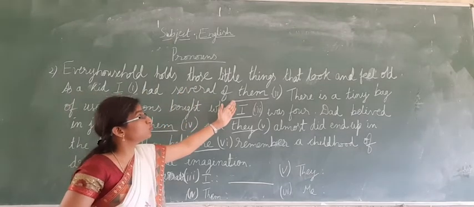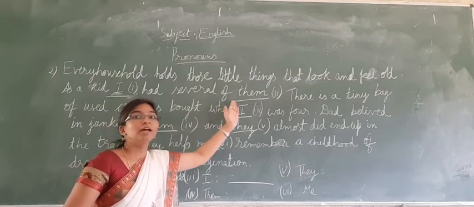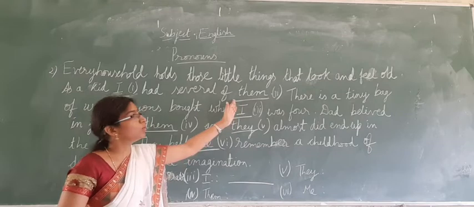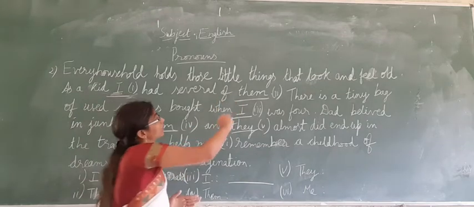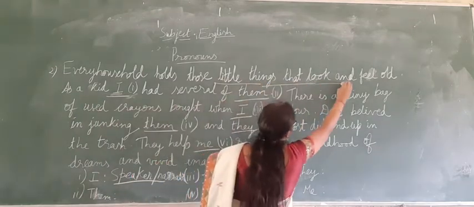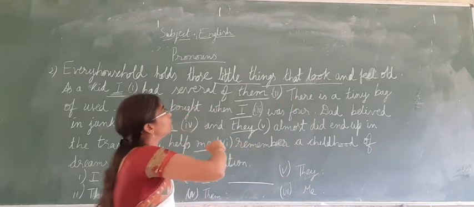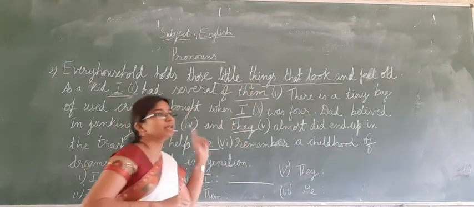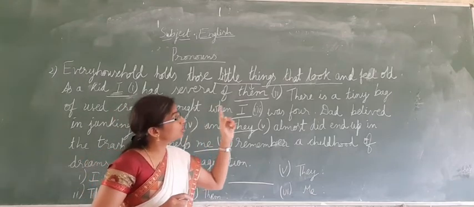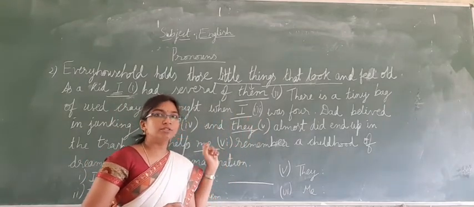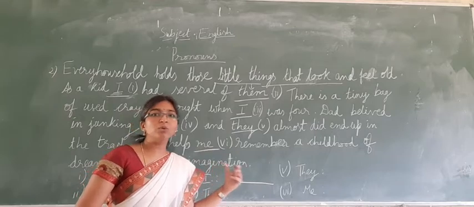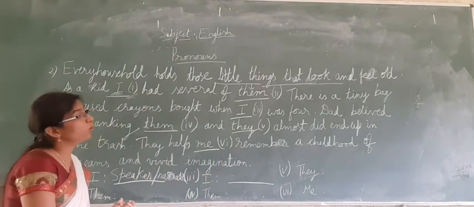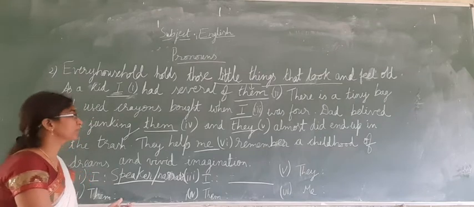It is saying I had many such things. What kind of things? Yes, little things that look and feel old. So them is used instead of this phrase: little things that look and feel old. So what is expected from you to write here? Several of them, little old things. Okay?